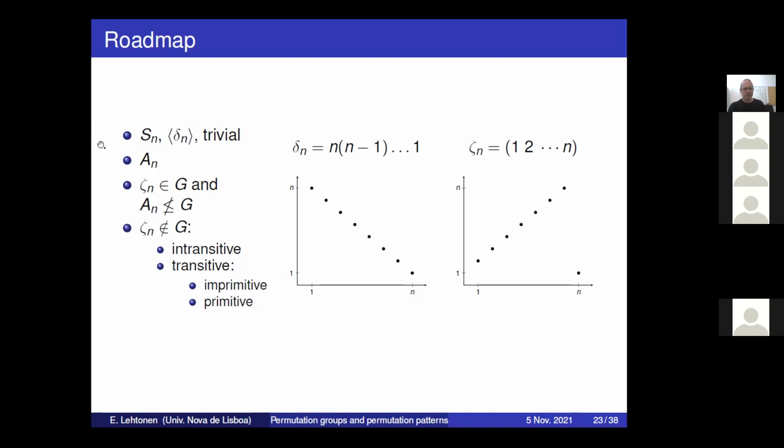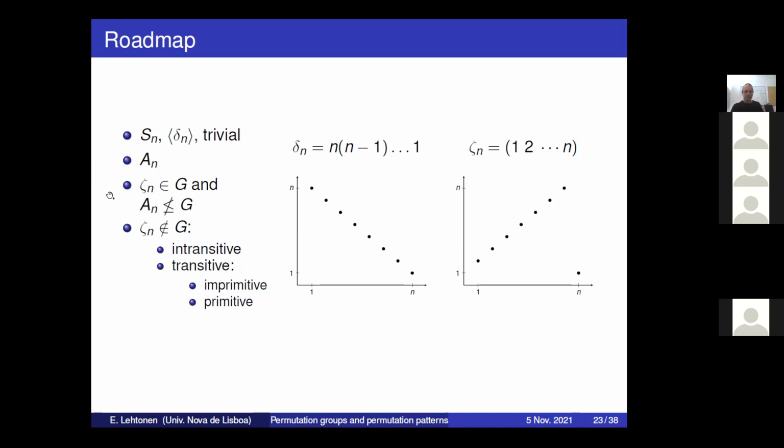There were a few easy cases like the full symmetric group, the trivial group, or the group generated by the descending permutation. Also, we can treat separately the alternating group. But then comes the case distinction between the remaining groups.